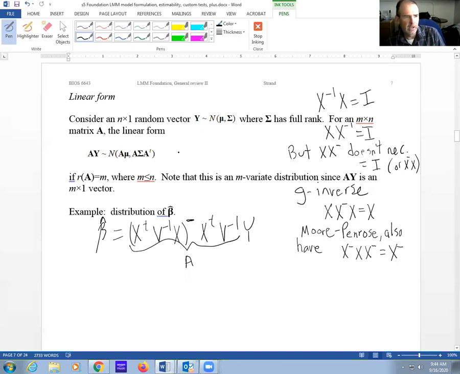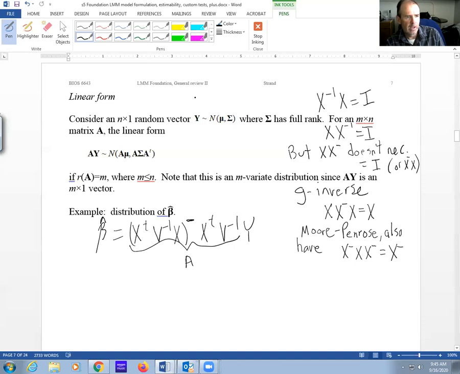We know that beta hat has a normal distribution, and now we just have to figure out what A times mu is and A times sigma times A transpose. So the question is, what is mu and what is sigma?